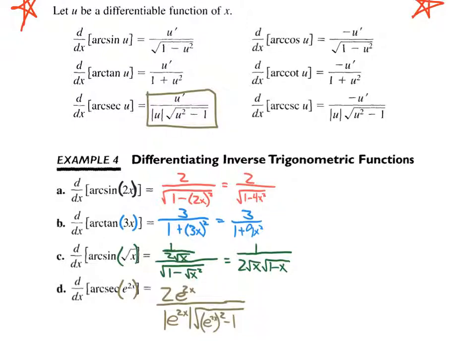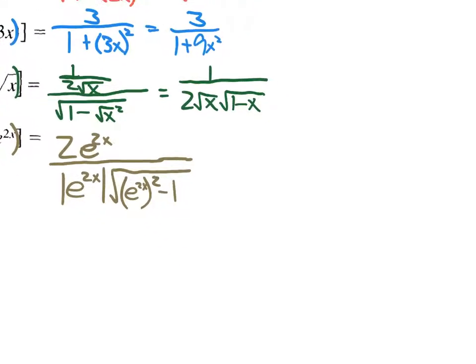Now, this one we can actually simplify a decent amount here. Okay? What's the absolute value of e to the 2x? E to the 2x, yeah, this is where, again, knowing the range of your functions is really important, because e to the 2x is always positive. So I actually can cancel these out.